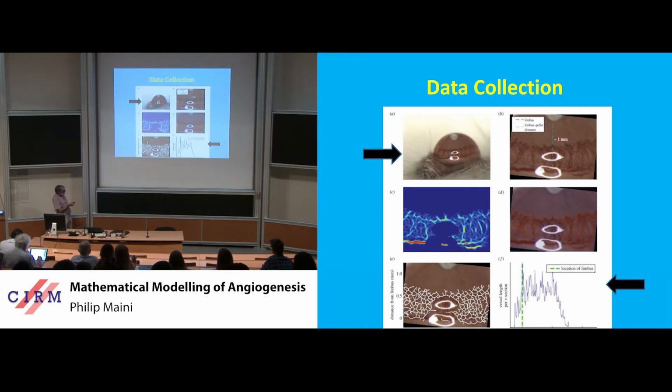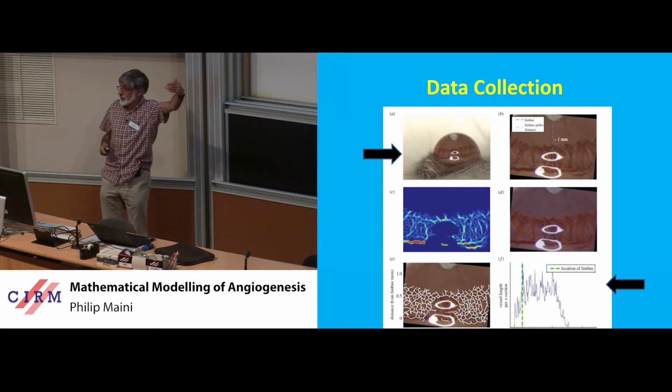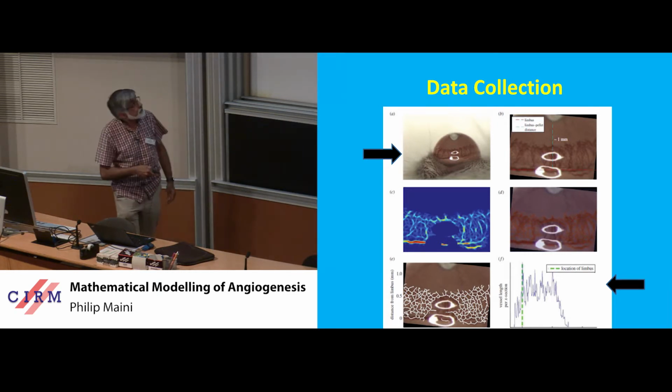What we do is we simply think of the dimension as going from the limbus on the outside to the place here where the pellet is. We think of it as being one dimension, so we integrate in this direction here and get something like that, which is the traveling wave of angiogenesis, okay?